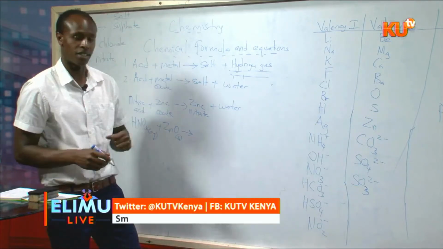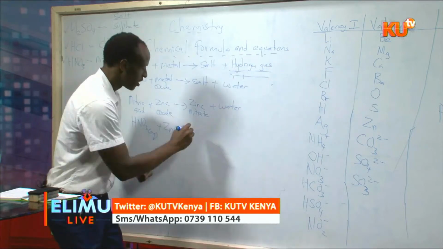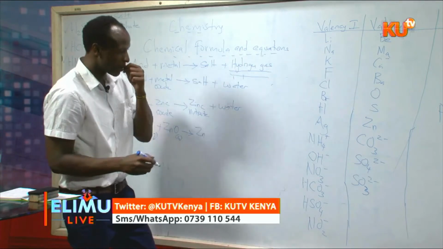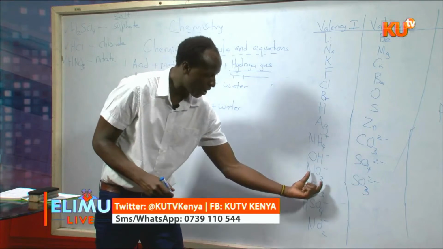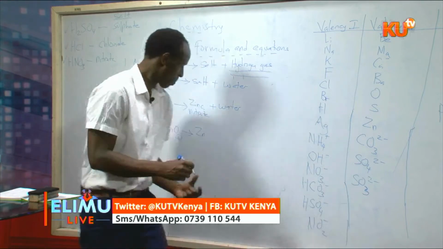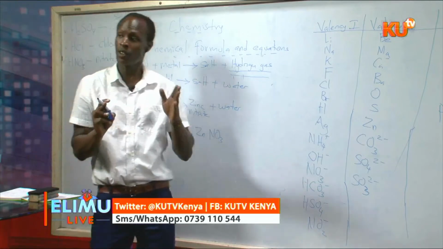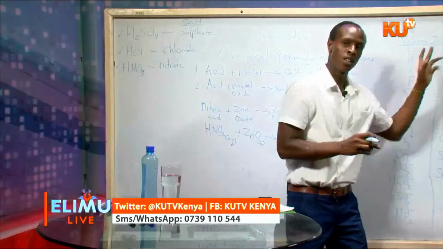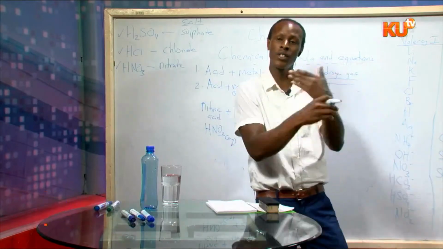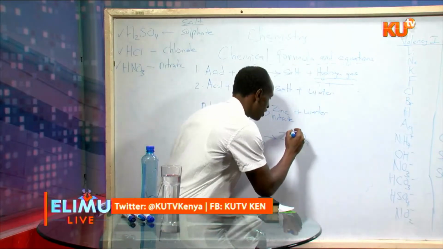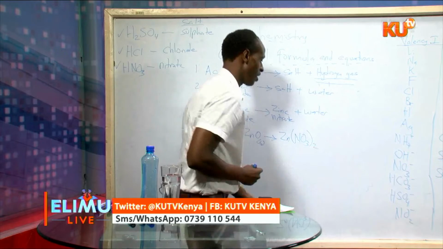I want zinc nitrate. Still, I love to use valencies. So zinc is Zn. Nitrate is NO3. The valencies are not the same. The valency of zinc is 2. The valency of nitrate is 1. So I have to interchange the valency. So the 2 for zinc will come under nitrate.